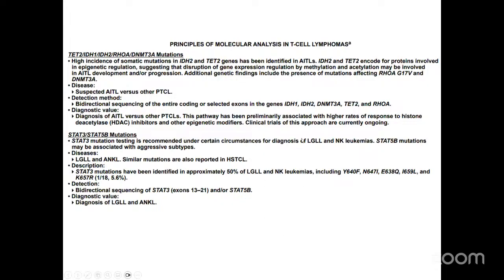And while there are criteria, it becomes very hard to actually utilize those criteria and call it large granular lymphocyte leukemia. However, if you find the mutations, that becomes very helpful.